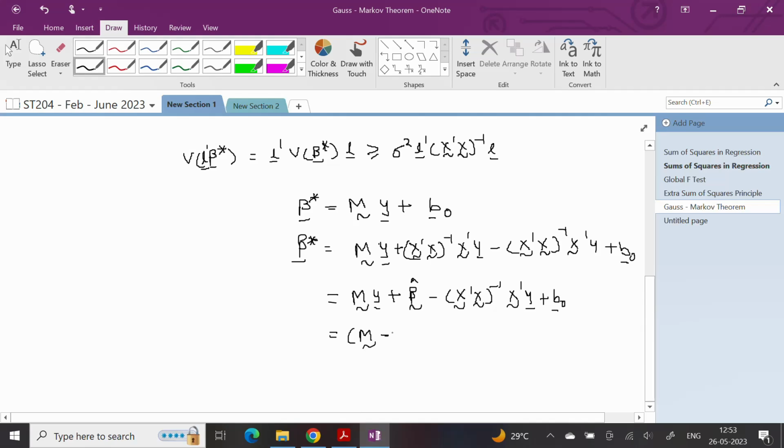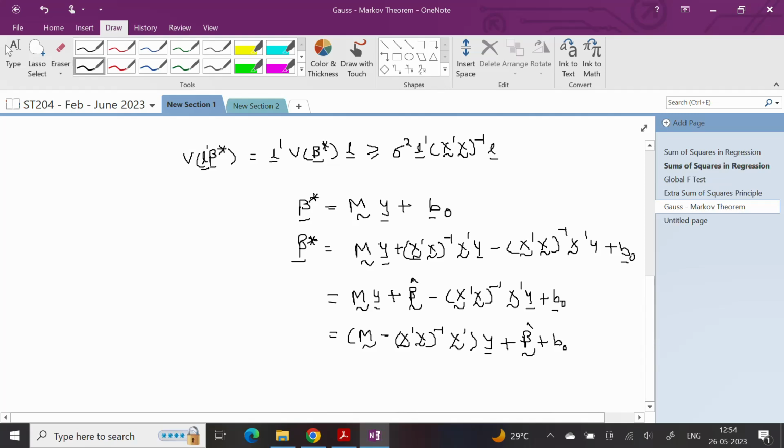So now what I'll do, I will write this as m minus x prime x whole inverse x prime whole thing into y plus beta hat plus b naught.